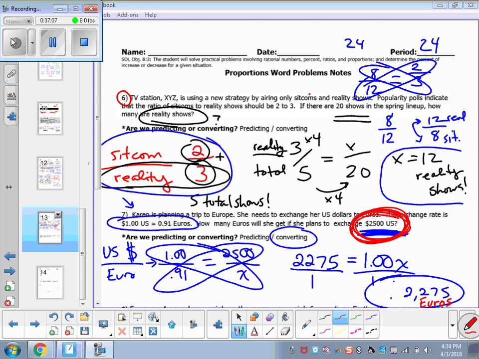Sorry about the bell. But in Europe, no matter where she is, that would be the same as 2,275. One thing we can notice is that $1 doesn't even get you a full euro, so we end up with fewer euros than we started with in US dollars.